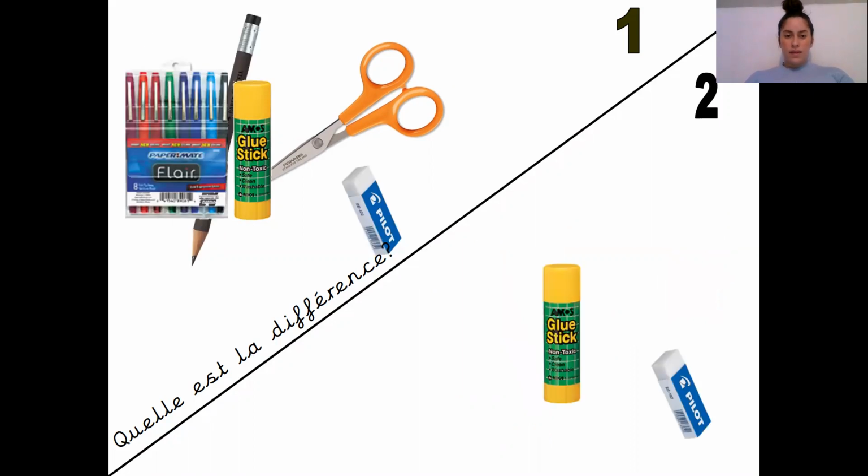Very good. And this one. Quelle est la différence? Des ciseaux, un crayon et des feutres? If we look closely, that's what's missing.